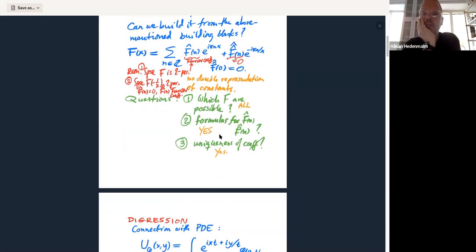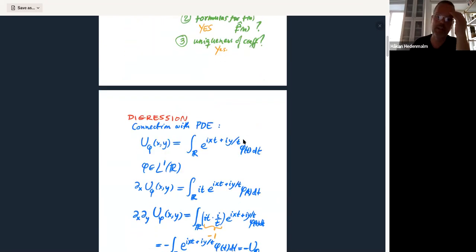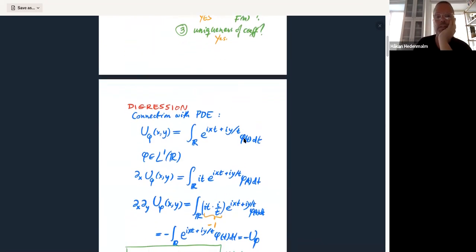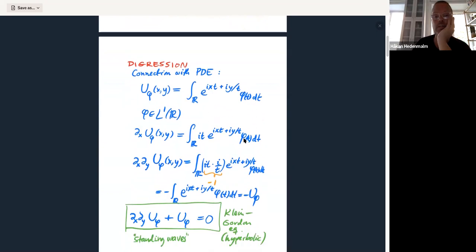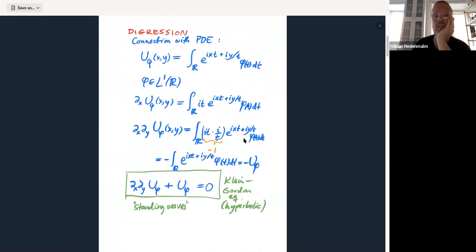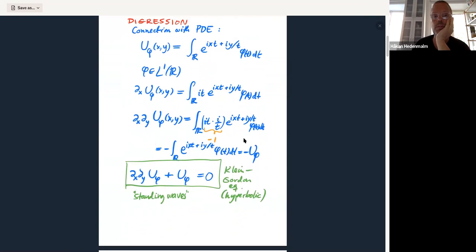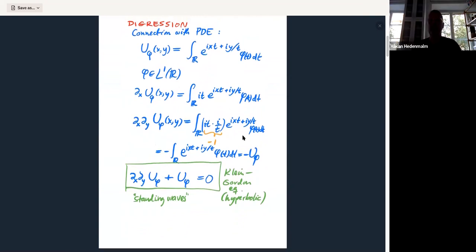And then the question was, which f can you do? Which f can be possible here? And it turns out you can do all functions f that are reasonable. Can we get formulas for the coefficients? Yes, there are formulas. And are these coefficients unique? And there was a relationship with PDEs. The whole thing is quite strongly related with the Klein-Gordon equation, actually, this hyperbolic PDE.